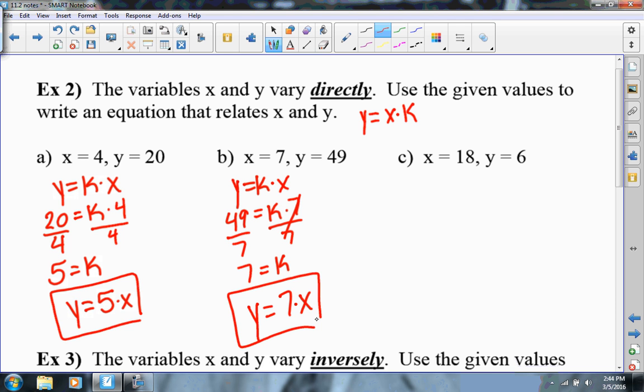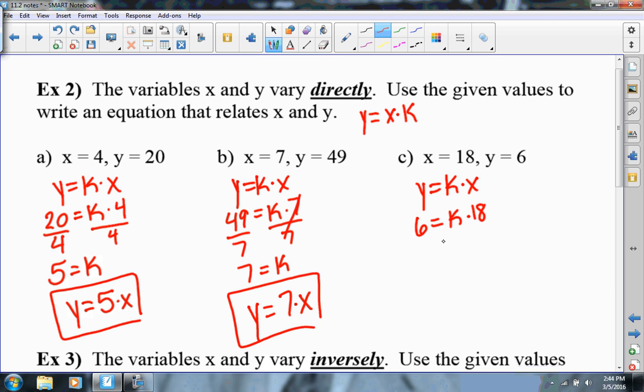Okay, and then the last one, this is just to make you think here. Y equals k times x, again, is what we're going to start with. But if you notice so far, we've had the larger number for y, for example A and for example B. Now our larger number is for x. So y is going to be 6, and k is going to be k, x will be 18.